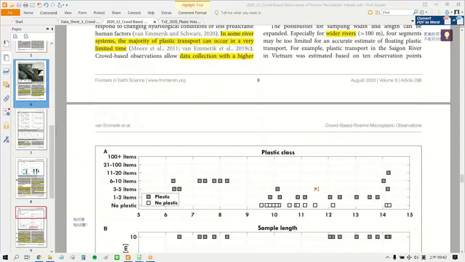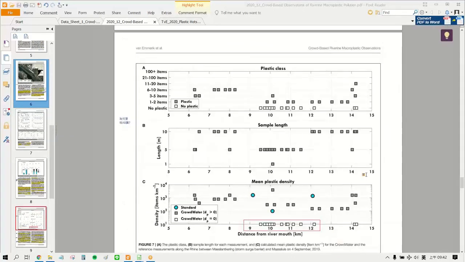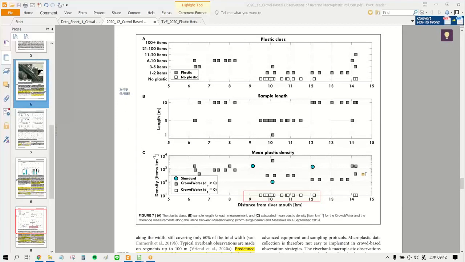Okay, so the next figure is the river bank. They do the river banks survey in Netherlands, the river mouth of River Rhine. So in figure 7a, the x-axis is the length counting from the estuary, the river mouth, from 5 kilometers to 15 kilometers.